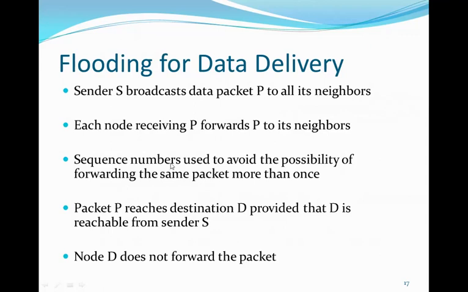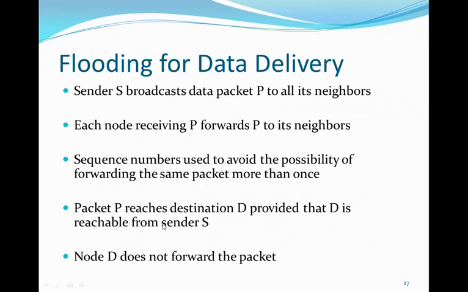Sequence numbers are very important to detect duplication of data, and therefore you can drop the duplicate packet. Packet P reaches the destination D, provided that D is reachable from sender S.